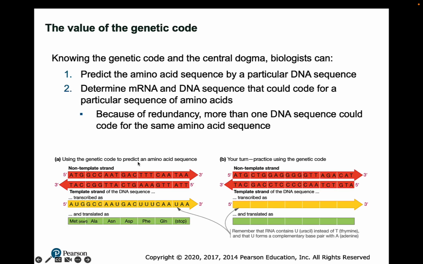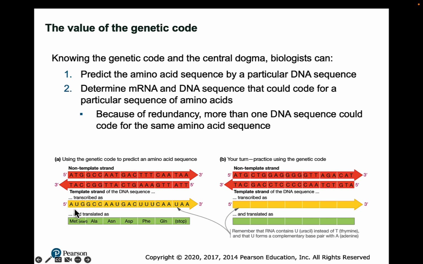Knowing the genetic code and the central dogma means that biologists can predict the amino acid sequence by looking at a particular DNA sequence. So here, for example, we take our template strand of DNA, and it's TAC. That means our mRNA is going to be AUG.